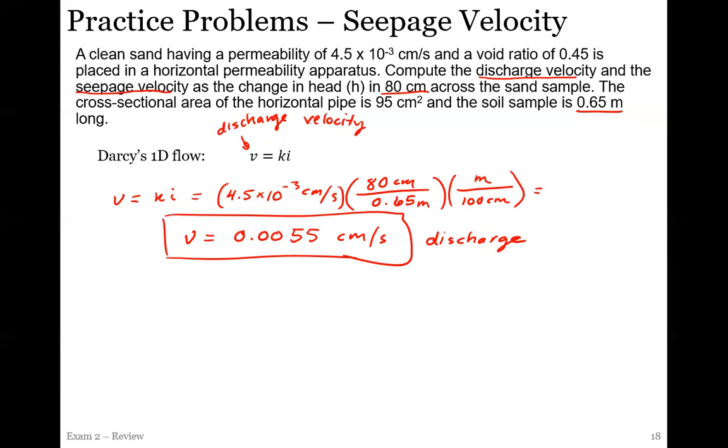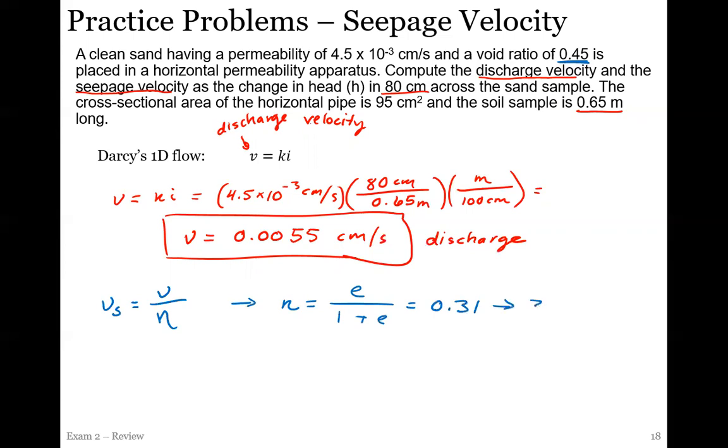What we also need to find is our seepage velocity. Remember, the seepage velocity is equal to the discharge velocity divided by the porosity. We also know that the porosity is equal to the void ratio divided by 1 plus the void ratio. We're given the void ratio, so we can find our porosity. It should be about 0.31.